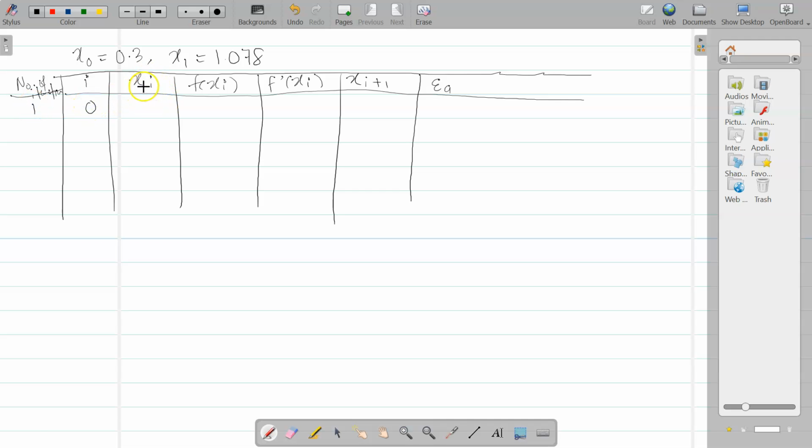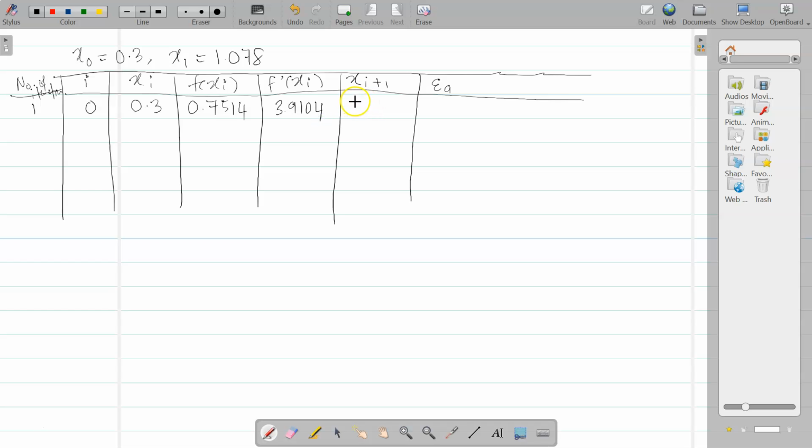When I equals 0, xi, which is x naught from the initial value, is 0.3. And then we compute function of 0.3, we got 0.7514. And then we compute the derivative of the function at 0.3, which is 3.9104.